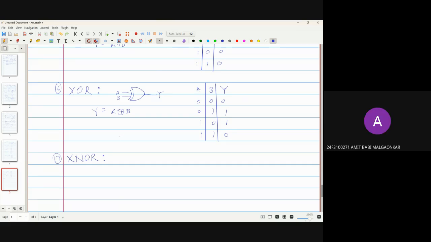I wasn't able to find any ICs for three input XNOR gates. Most of them are only three input XOR gates, and they use the complement of that for implementing XNOR.